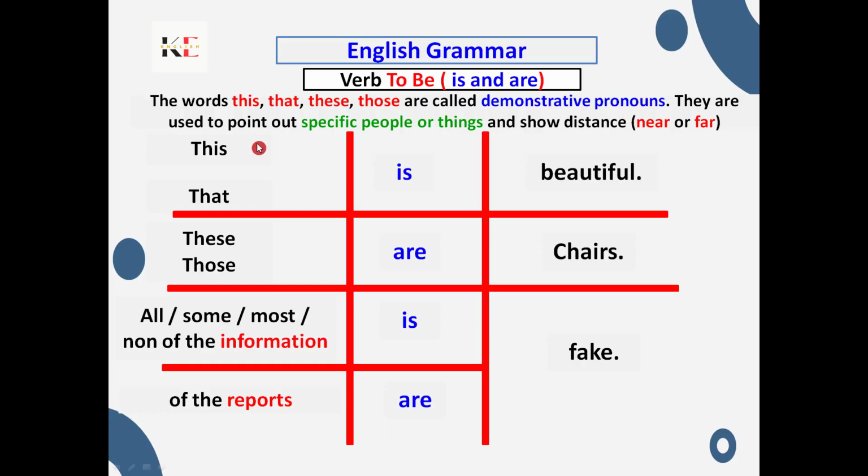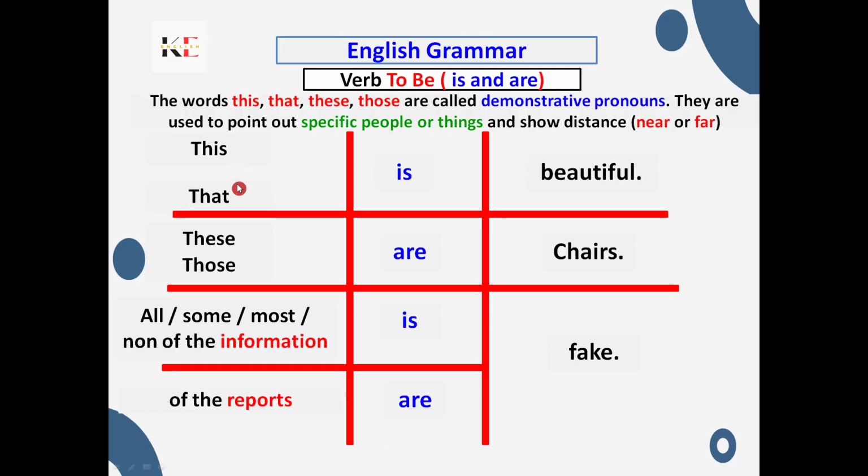They are used to point out specific people or things. In the previous slide we learned about indefinite pronouns, which do not name a particular person or thing, but with demonstratives we highlight a specific person or thing.